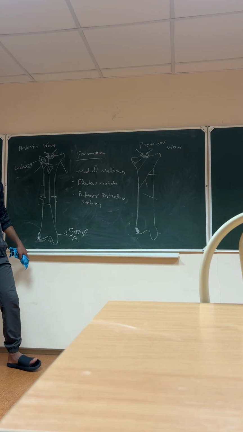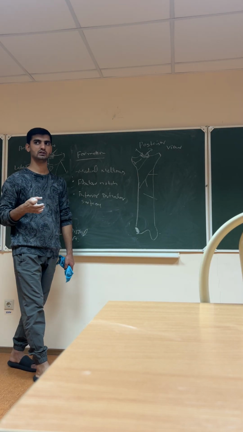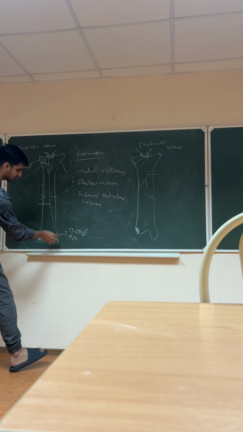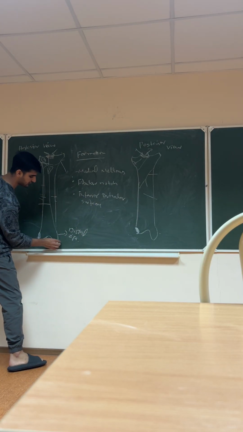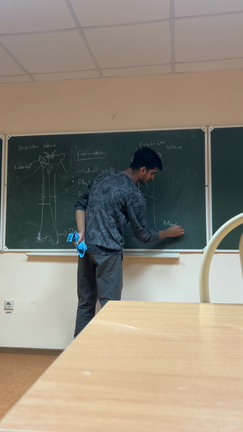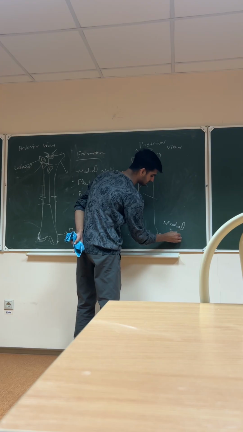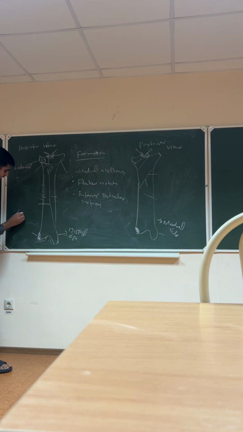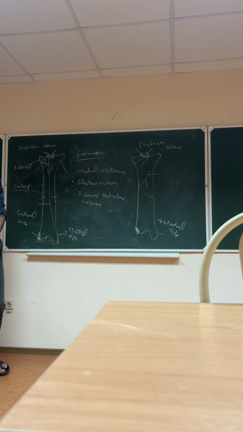Okay, how will you know? The main thing: how will you know if this is the right tibia or left tibia? First difference, the malleolus is on the middle side, and this incisura is on the lateral side, and the interosseous border is also on the lateral side. Understand?